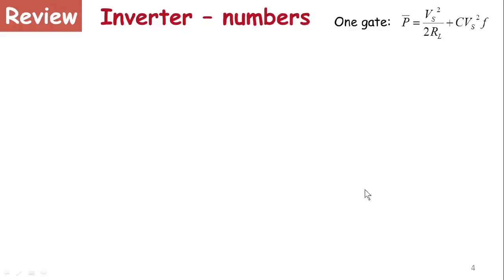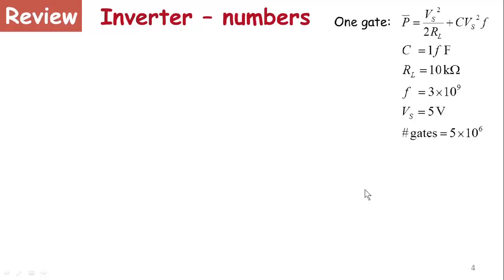Then we looked at some numbers just to get a sense of how bad the situation was in terms of designing circuits in that manner. So we said, if we assumed for our inverter the following numbers. Recall again, let me draw the inverter here very quickly for you so that you can see what the numbers relate to.